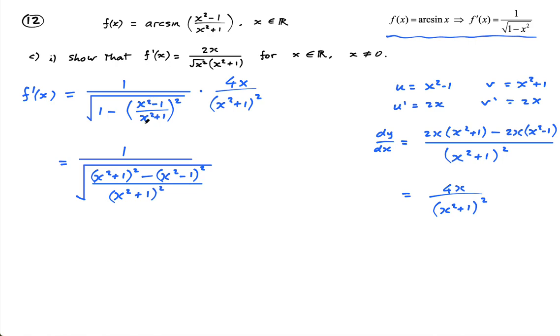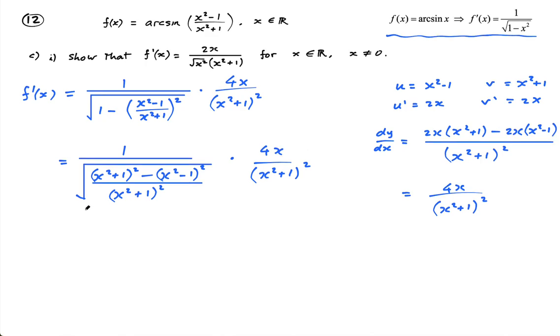I've just turned this into this using common denominators, and then this is multiplied by 4x over x squared plus 1 squared. Now at this point I am going to flip this denominator because I don't like two denominators here. So when you divide by a fraction, you flip and multiply.